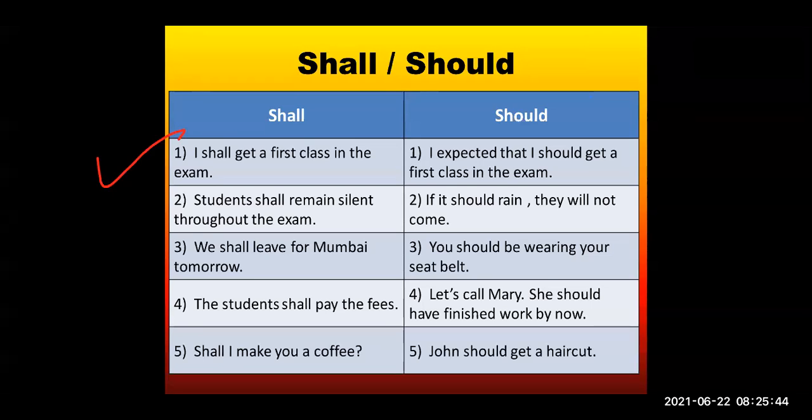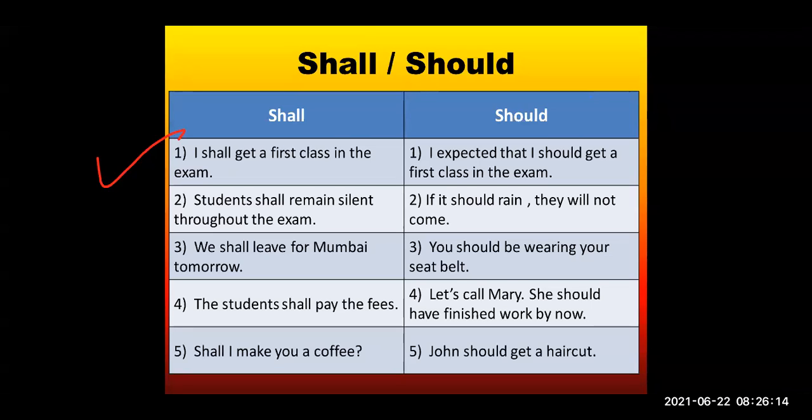When any event is in the future, shall is used for the first person pronoun and will is used for the second and third person pronoun. I is the first person pronoun. He, she, they are the second and third person pronoun. So remember it: shall is used with the first person pronoun and will with the second and third person pronoun.